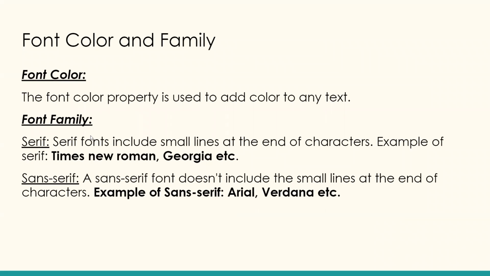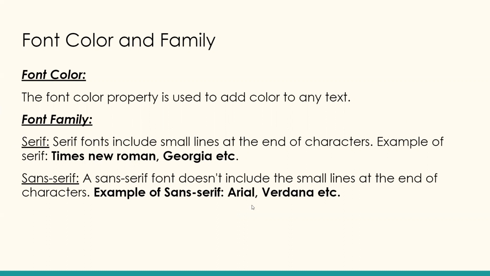So the font family. There are two main types of font families. So there's serif. Serif fonts include small lines at the end of characters. Examples of serif are Times New Roman and Georgia. There are so many more, so these are just two examples. And then sans serif. Sans serif does not include the small lines at the end of the characters.